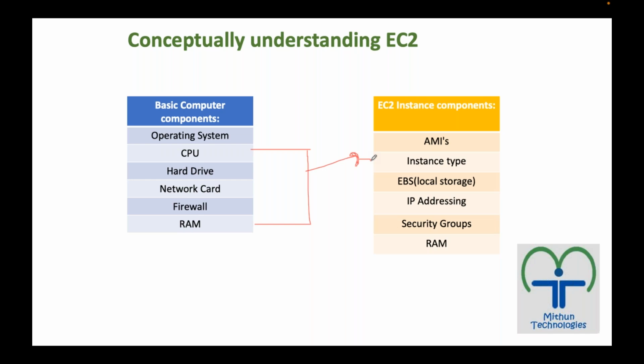And within each family, there are types: t2.micro, medium, xlarge, 2xlarge, 3xlarge, like that. So the power and speed of your EC2 instance in AWS is based on whatever instance type you are selecting. Is everyone clear?